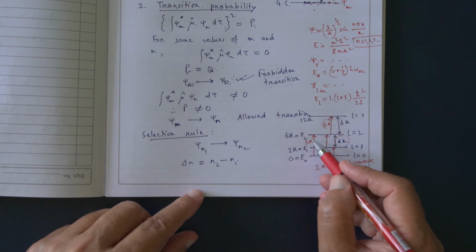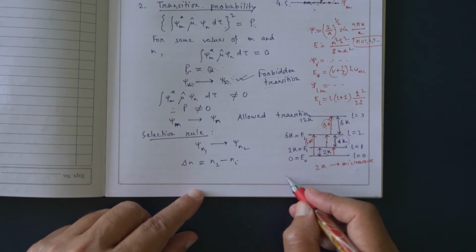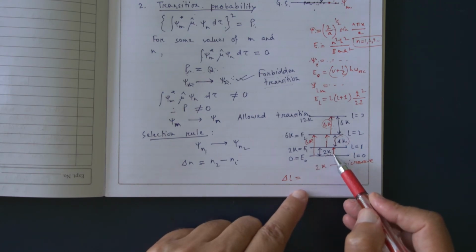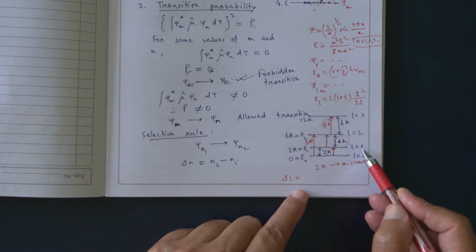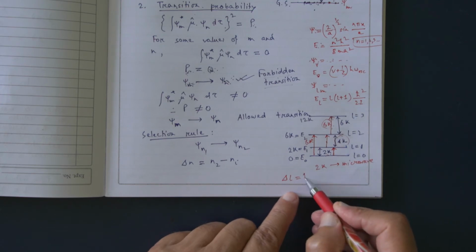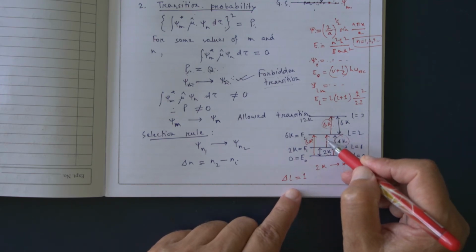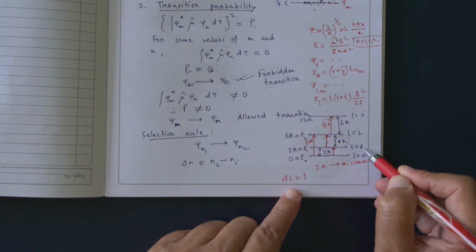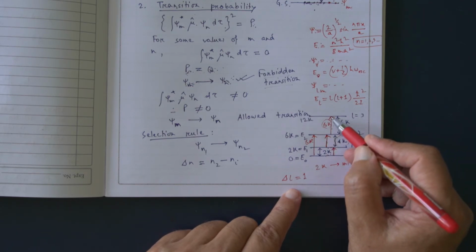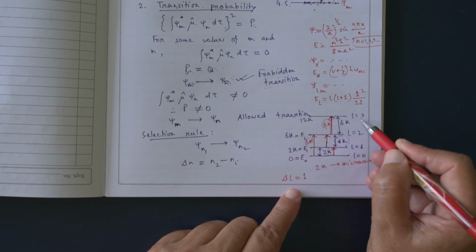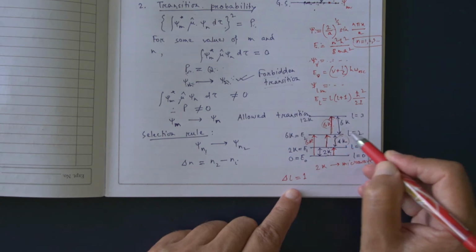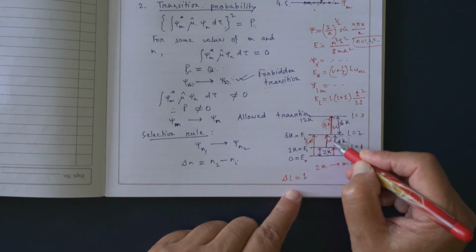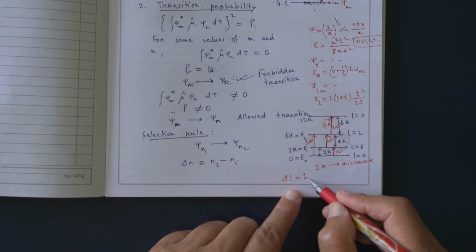Okay, here what is the value of del L? Del L equal to 1. Here what is the value of del L? 2 minus 1, 1. What is the value of del L? 3 minus 2, 1. So for these transitions, del L equal to 1.